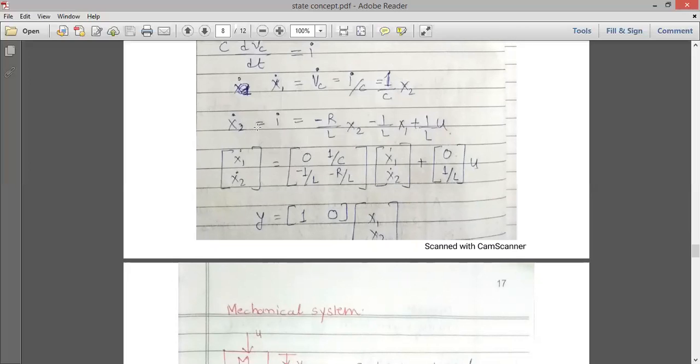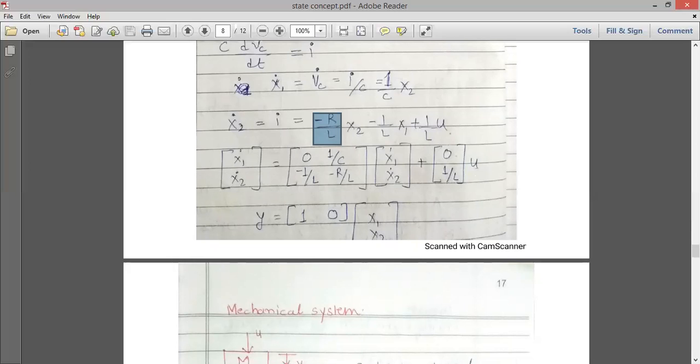Then x2 dot equals minus 1/L for the x1 coefficient and minus R/L for the x2 coefficient. Now u is present for x2, so it will be 0 and 1/L into u.